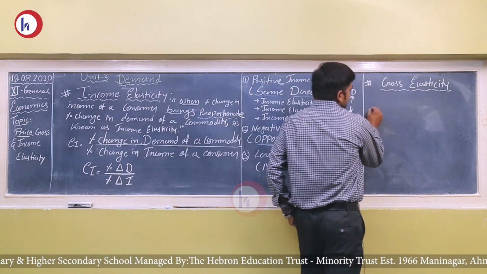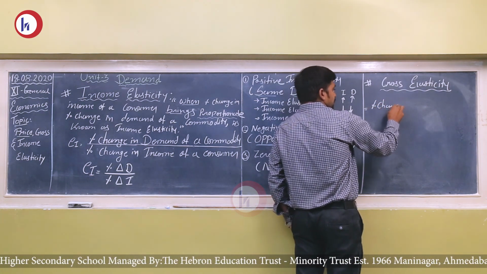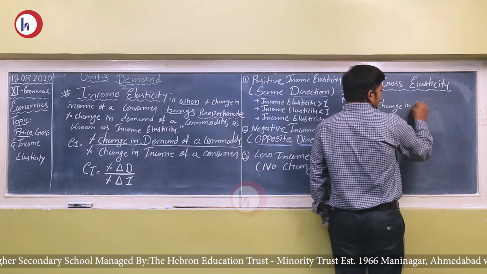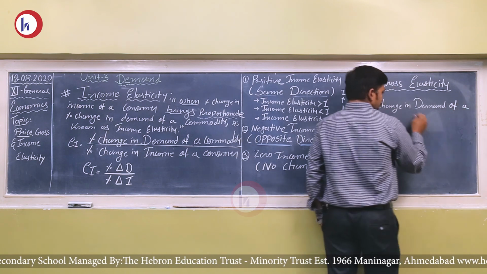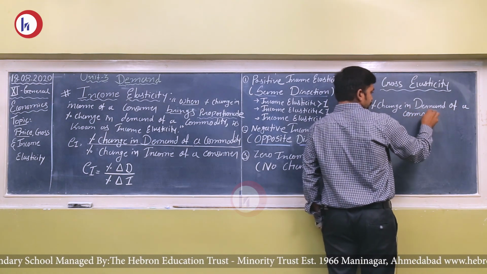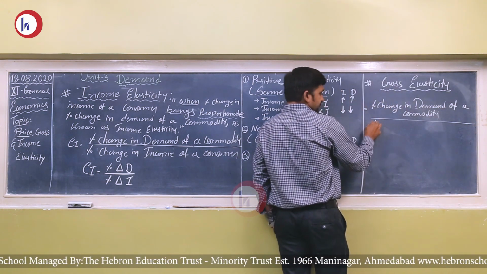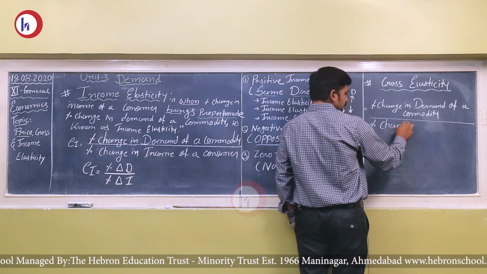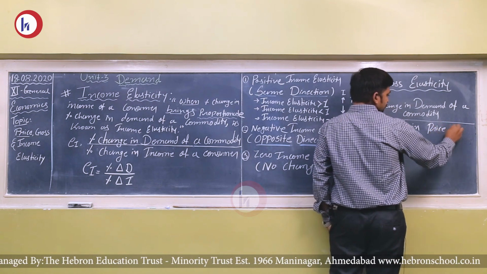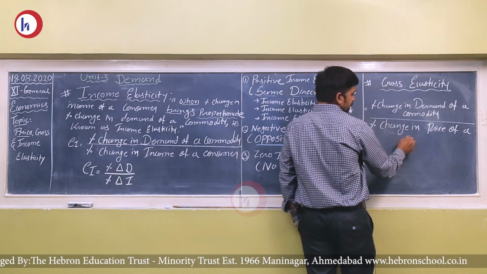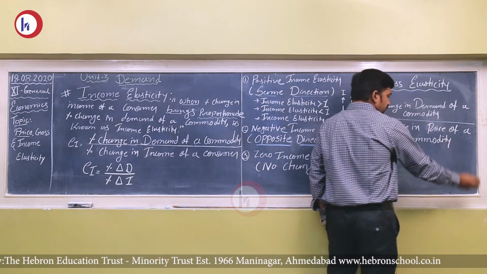Now, cross elasticity equals to percentage change in demand of a commodity upon percentage change in price of a commodity.